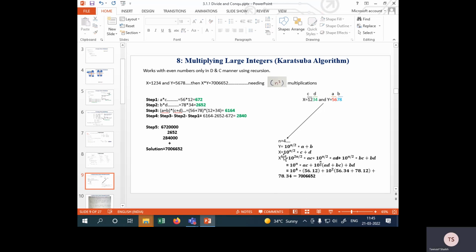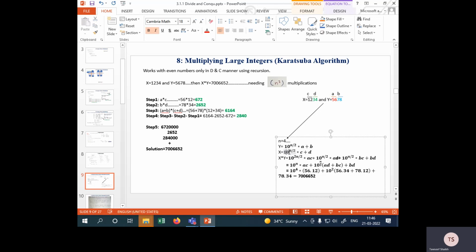Since n is equal to 4, if I substitute 4 for n, it becomes 4 by 2, which is 2, so 10 squared, that is 100. That 100 into a, where a is 56, becomes 5600, plus b equal to 78. 5600 plus 78 will become the original number. So I can write y like this, and similarly I can write x like this, so as to get this number.